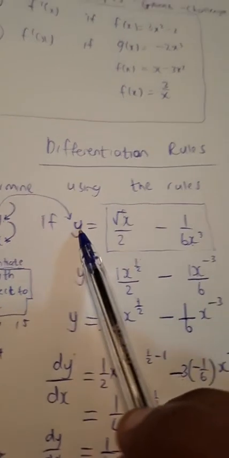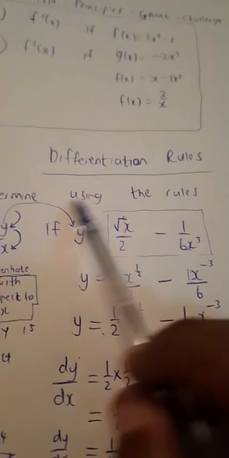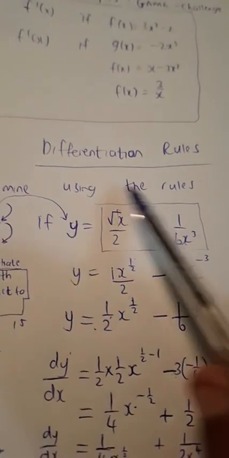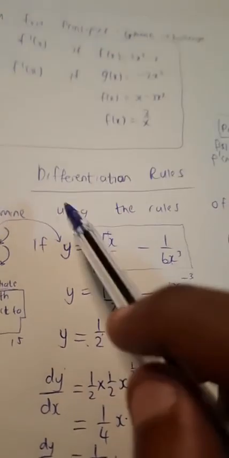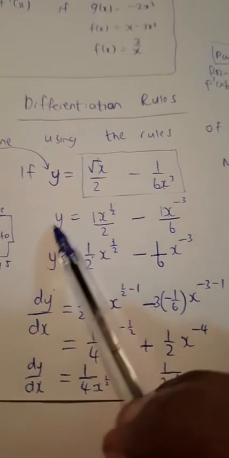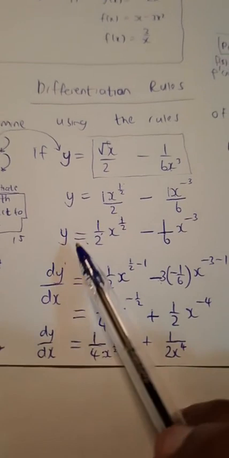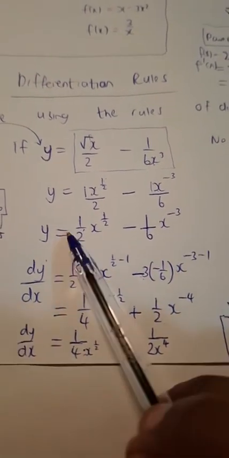Remember, you are given an equation where y is the subject. Sometimes you may be given the equation and y is not the subject, but you have to make sure you manipulate the equation so that you make y the subject of the formula. Then you can go ahead and simplify, and only then can you derive the particular equation with respect to x once this is ready to be derived.